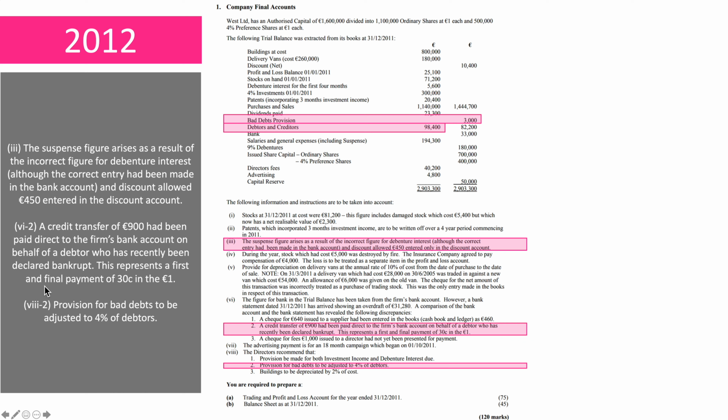This represents a first and final payment of 30 cent in the €1. And then 8 part 2, provision for bad debts to be adjusted to 4% of debtors. Okay, so let's go. You can see you've got debtors there, 98,400, and bad debts provision there, 3,000.